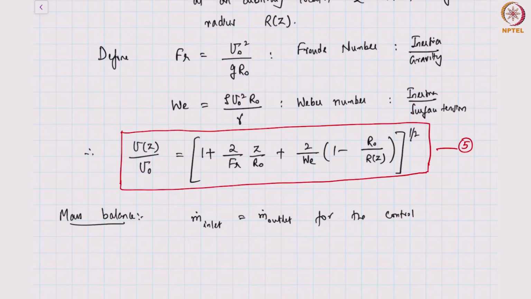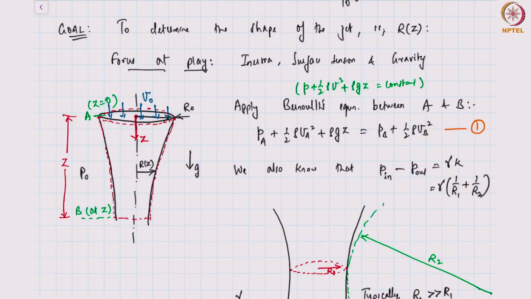We are ignoring effects such as evaporation, which means that if you look at this control volume, the fluid is traveling tangential to the interface. There is no loss from the sides. There is fluid coming in at the inlet where the radius is r0 and the velocity is u0. The same fluid is leaving at the exit where the radius is r of z and the velocity is u of z.